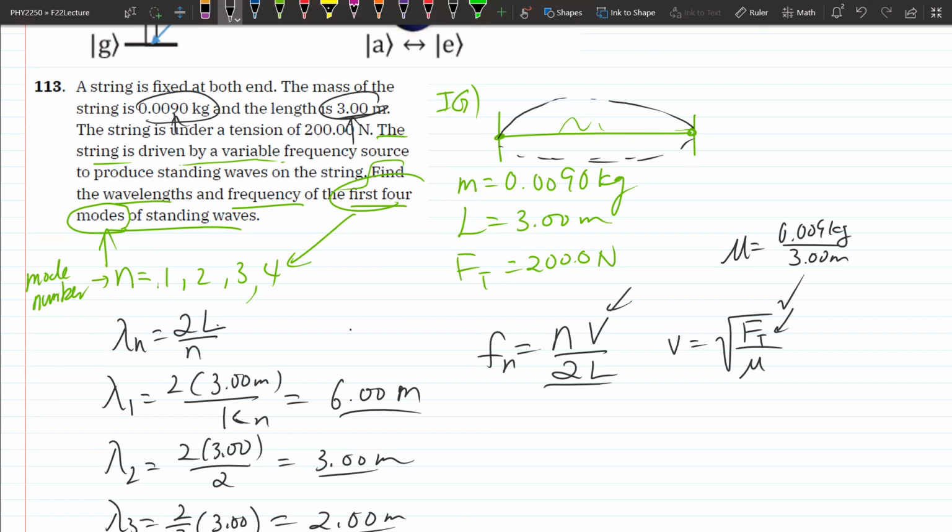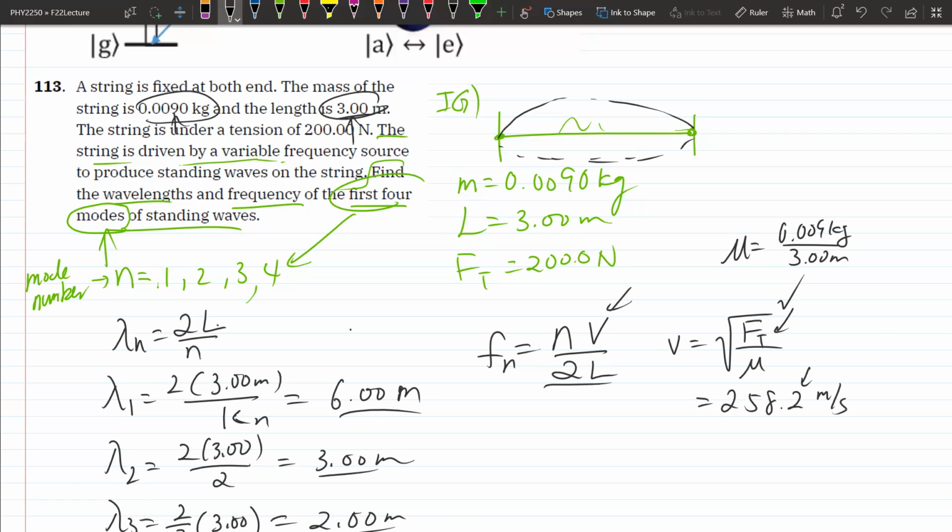The tension is 200. Oh, I need to calculate what mu is first, didn't I? So mu is 0.009 divided by 3, inverted, times 200, all square rooted. I got 258, let's do 4 sig figs just to carry more around, meters per second.